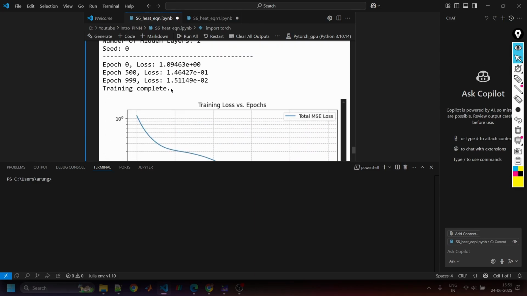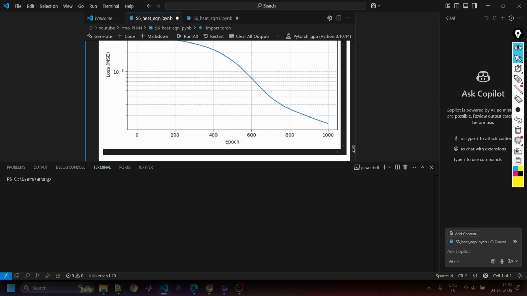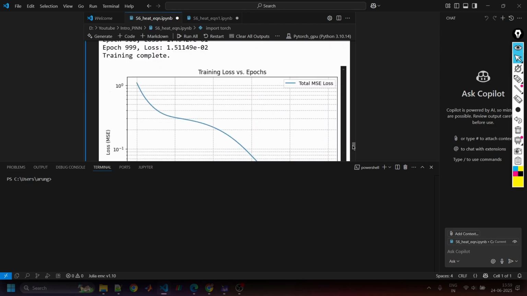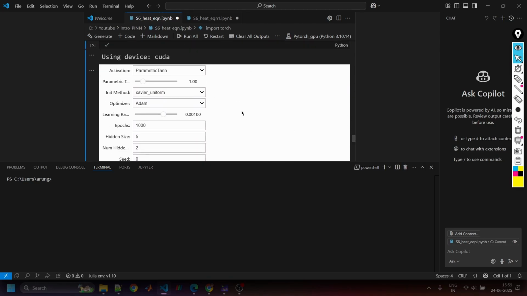You can see the error is around 10 power minus 2. Loss is around 10 power minus 2. But when we use the parametric tanh activation with the default initialization, we got a better solution. Of course, this solution is not good. So we cannot blindly say Xavier initialization always works well.